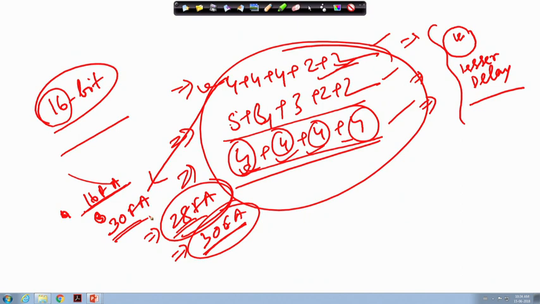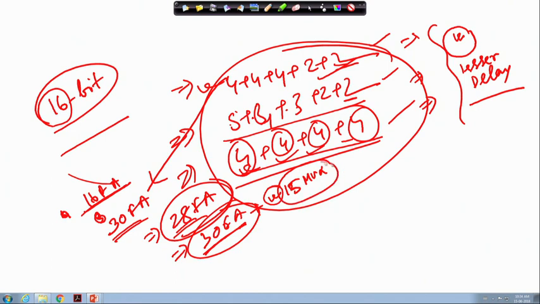Along with this I need more multiplexers: 12 plus 1, 2, 3, so a total of 15 multiplexers.